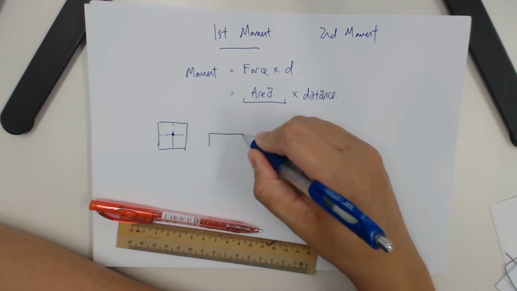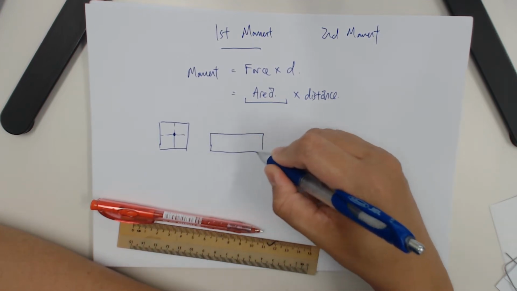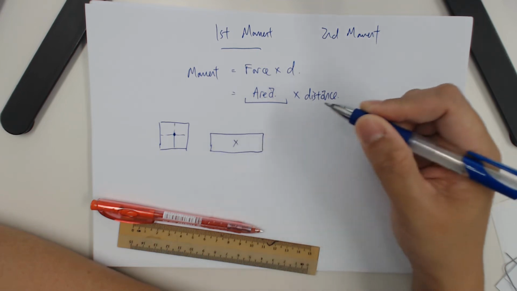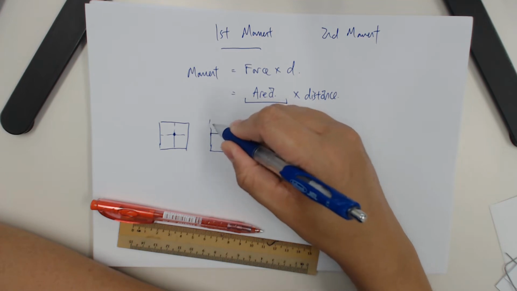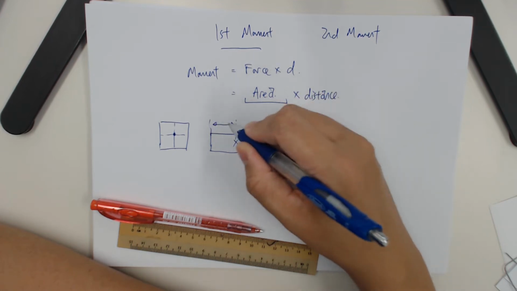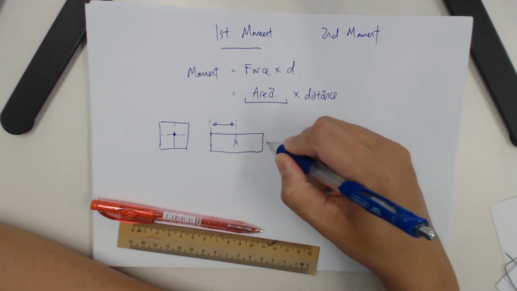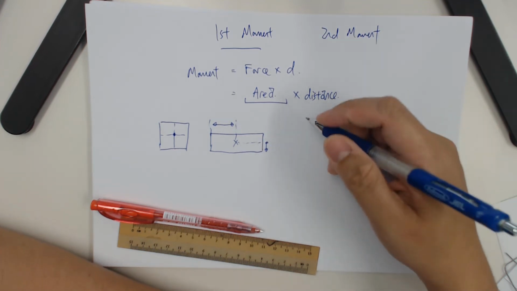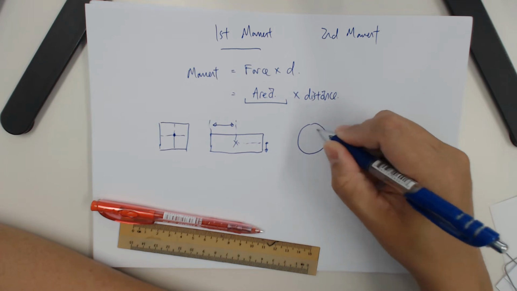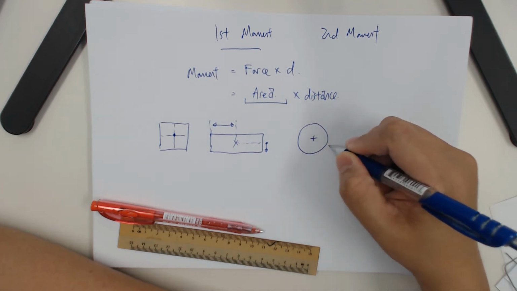For the rectangle you also have something like that, so you know that the centroid exists somewhere halfway across the length and halfway up the height. For a circle, same thing, it will be at the center of the circle.